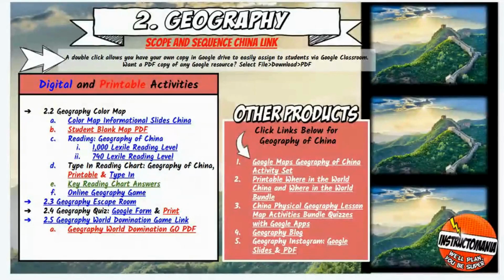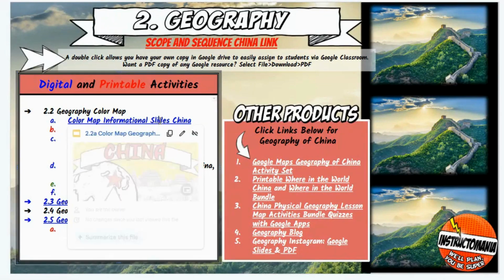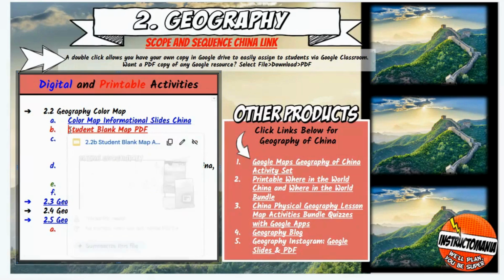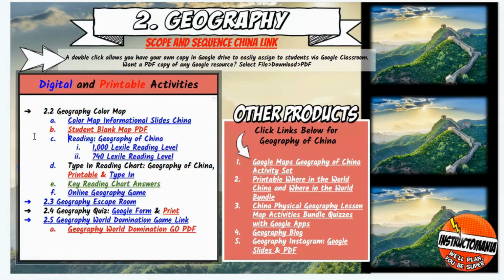Next is the geography section. The geography section includes student color maps, which can be teacher-directed or student-directed, a student blank map for them to fill out, readings, and charts that can be used as graphic organizers, and review games. Also, there's an assessment, either a Google form or a printable assessment or quiz.